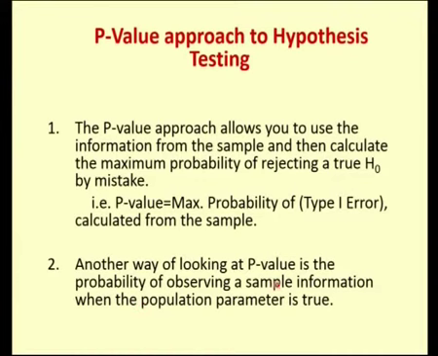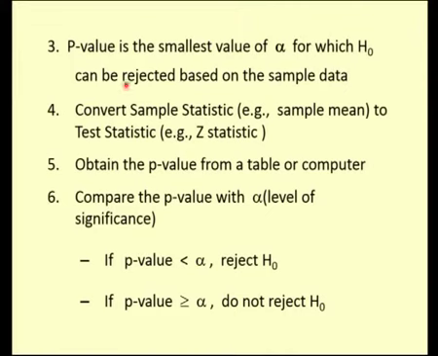Another way of looking at this p-value is the probability of observing a sample observation if the population parameter is true. Instead of going into detail with the calculated and table value, we can also compare this p-value with our probability value in the test statistic. The p-value is the smallest value of alpha for which H0 is rejected based on the sample data.